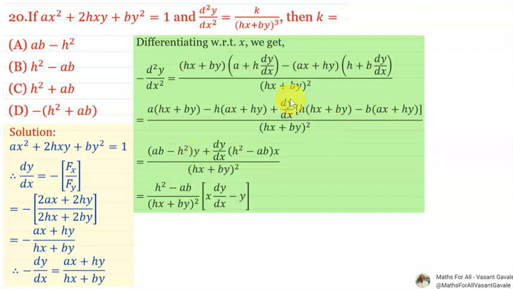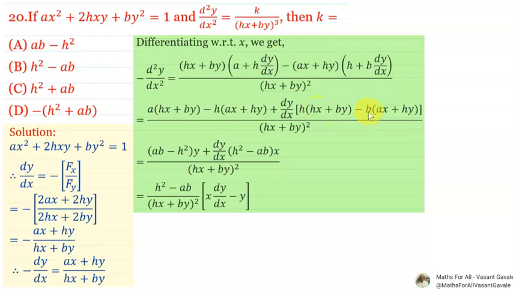Next, dy by dx in bracket h in bracket hx plus by, multiplication we will do, minus b in bracket abx plus hy. Cancellation happens in it, and take x as common. Then you will get h square x, this is one term.